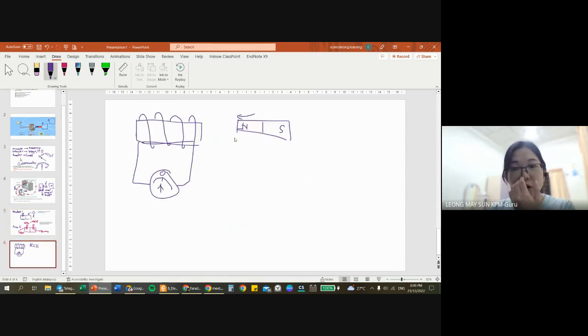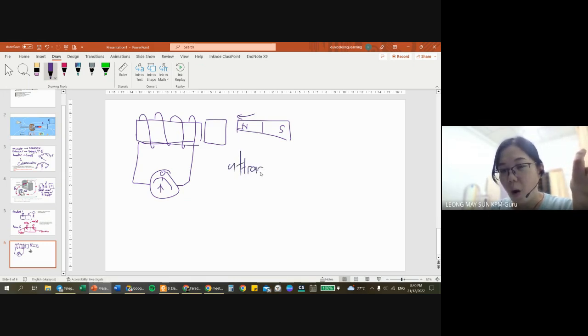So if the north pole of the permanent magnet comes towards the solenoid, question, answer in the chat box: what should the solenoid do to create a polarity here? When the north pole of the permanent magnet approaches the solenoid, should it attract or should it repel?